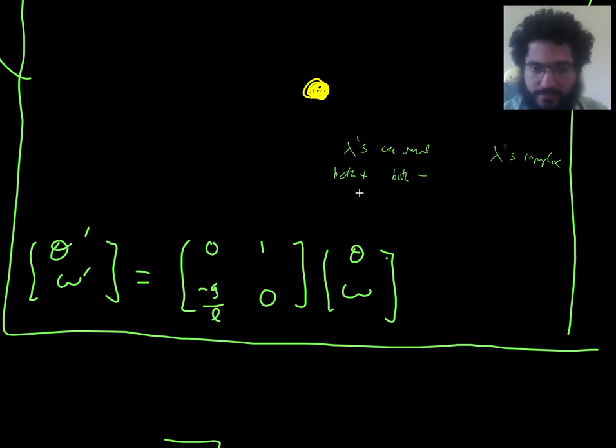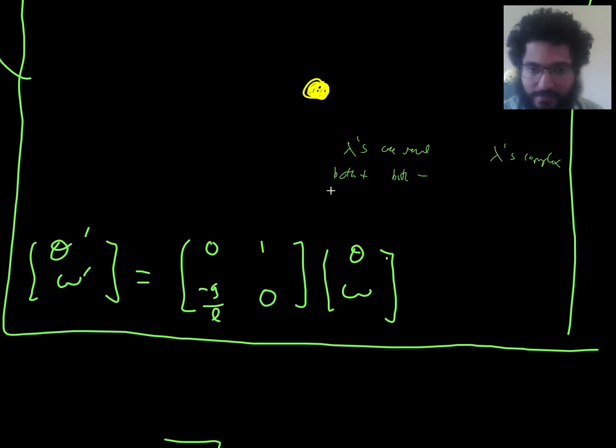In the both positive case, I can see from the trace that the sum of the eigenvalues is 0, right? The trace is 0, that's the sum of the eigenvalues. So the eigenvalues add to 0. If they're both positive and they add to 0, they must both be 0. If they're both negative and they add to 0, they must both be 0.